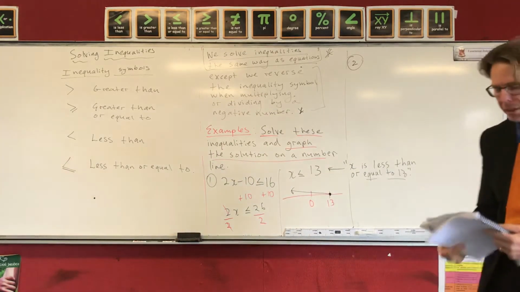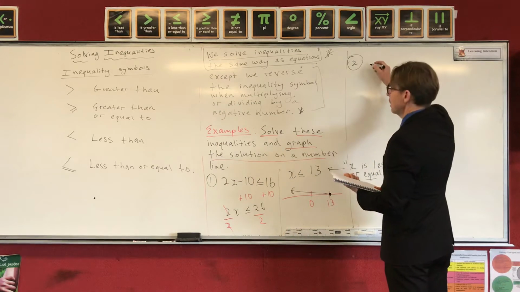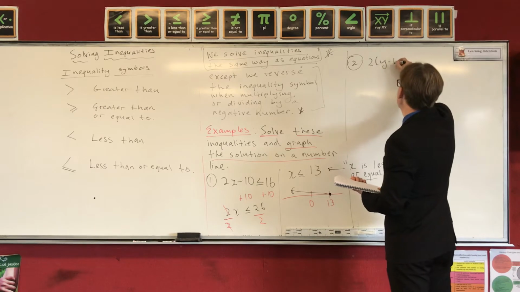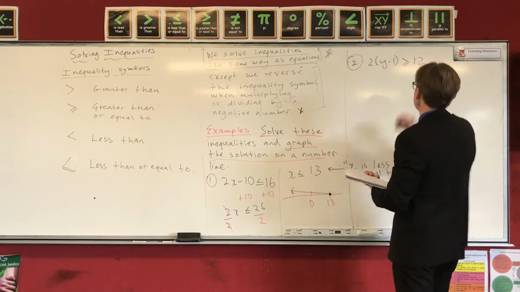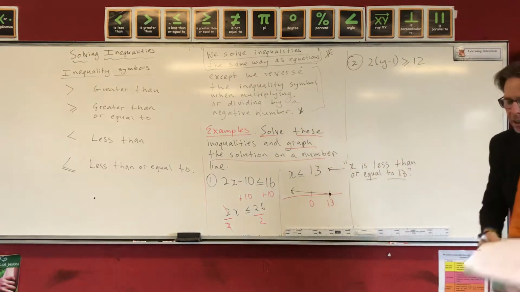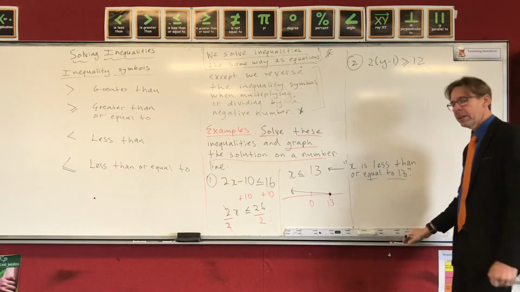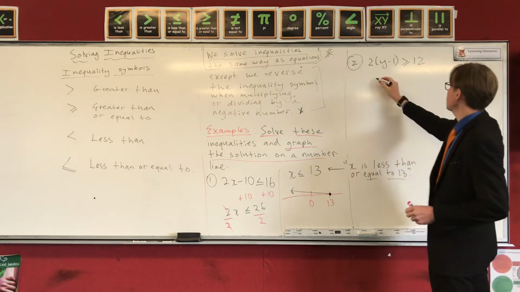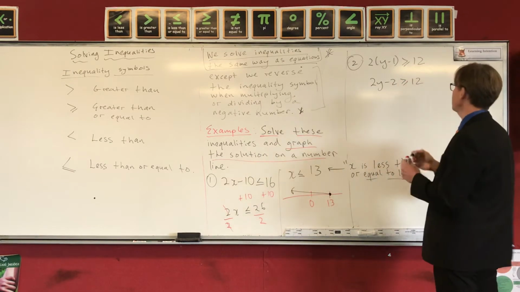Second question is this one. 2(y minus 1) greater than or equal to 12. Okay. Now you can pause the video at any time and have a go at these questions and then check your answers. But again, we solve this the same way as an equation, so I'm going to expand the brackets. 2y minus 2 is bigger than or equal to 12.